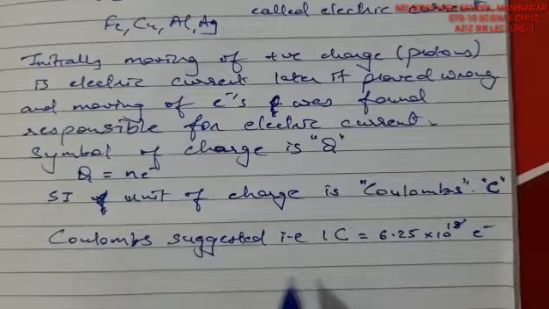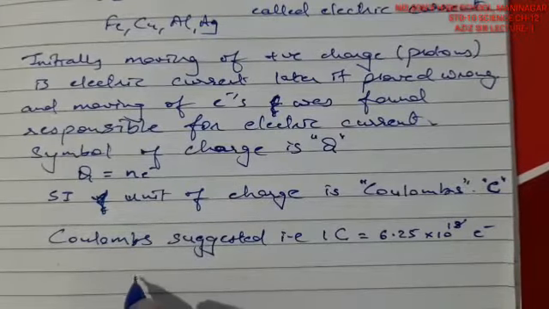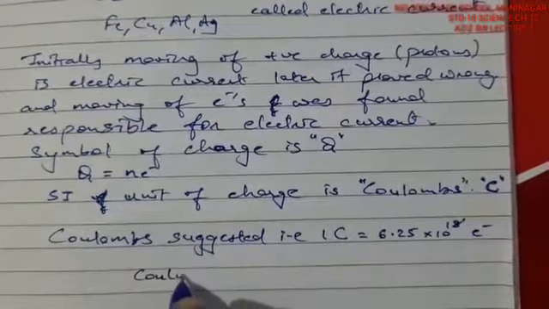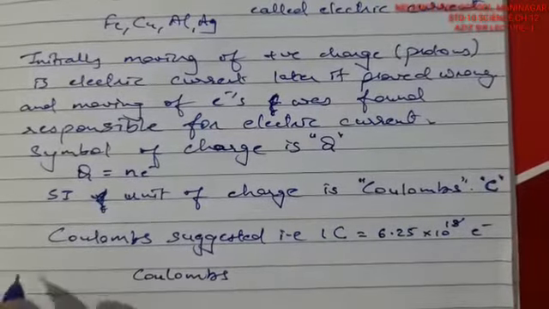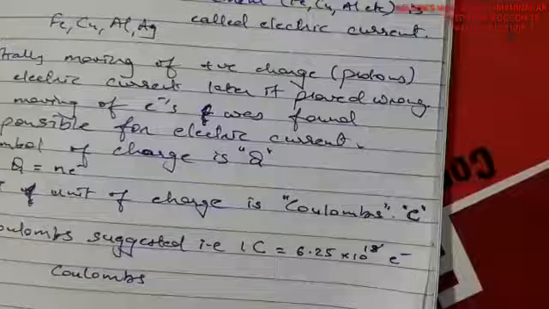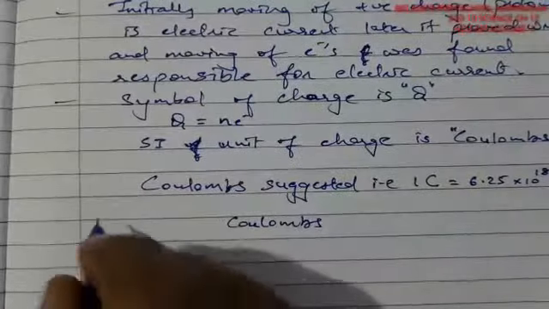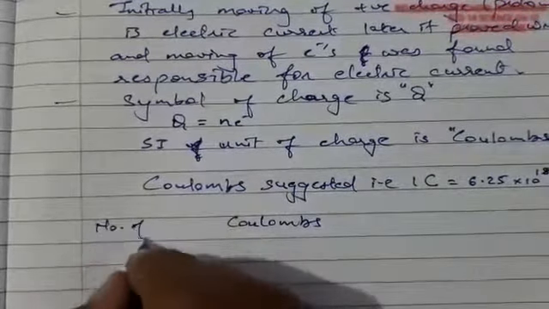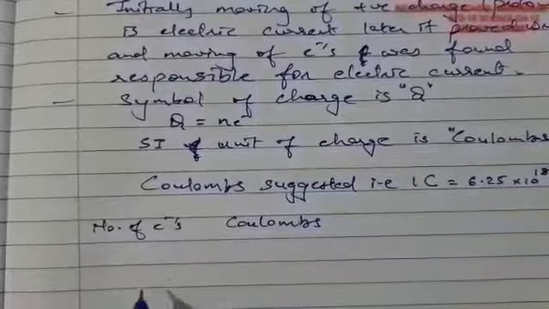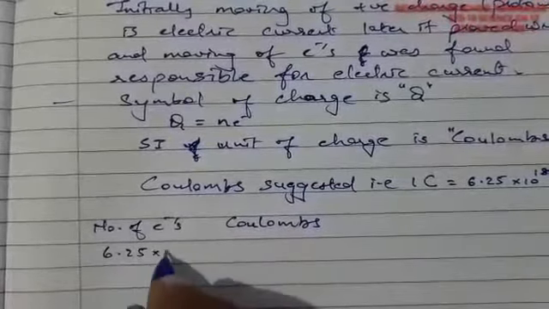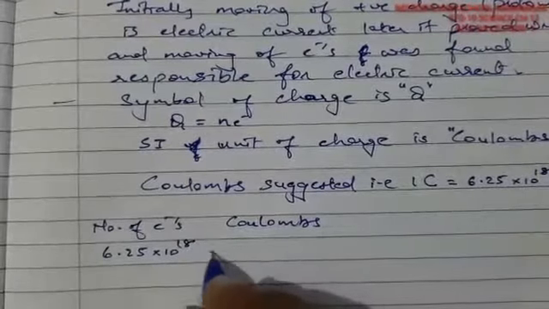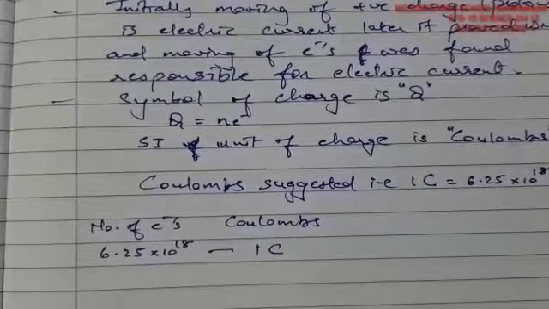Now if I say it in the opposite form, what is the charge of 1 electron? 6.25 into 10 raised to 18 electrons form 1 coulomb of charge.